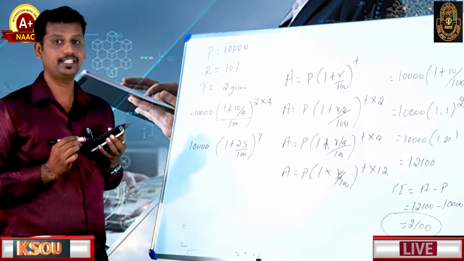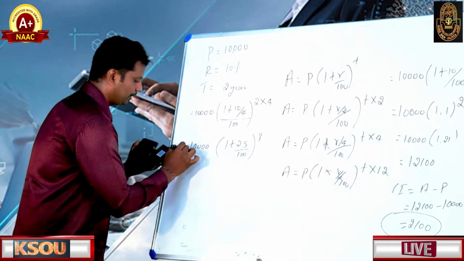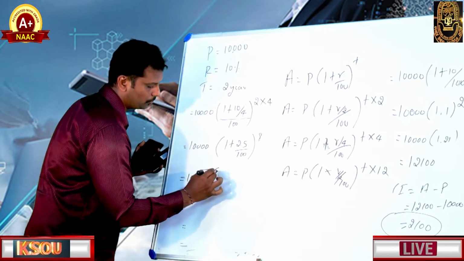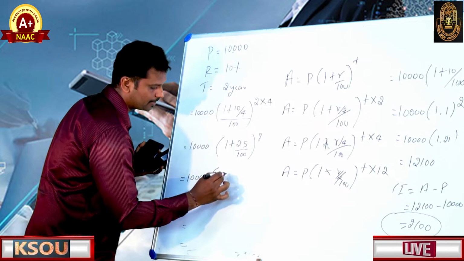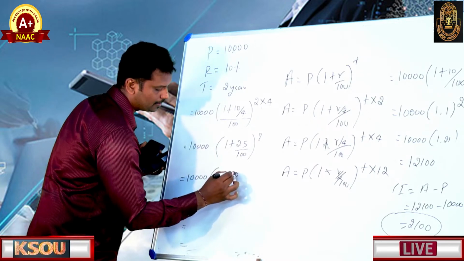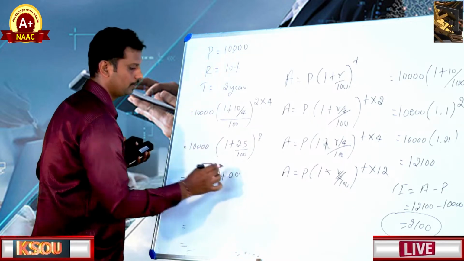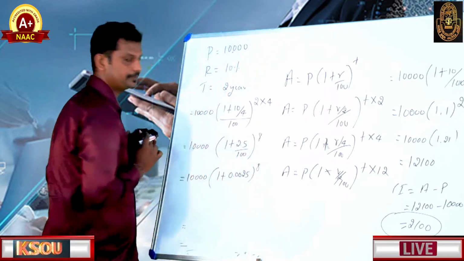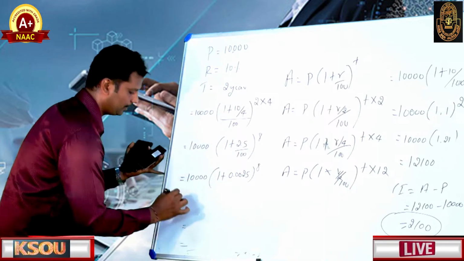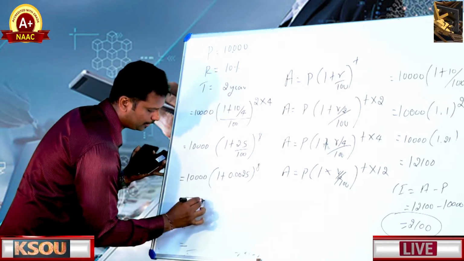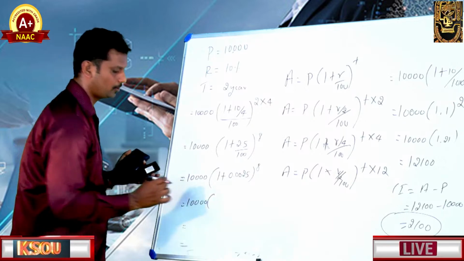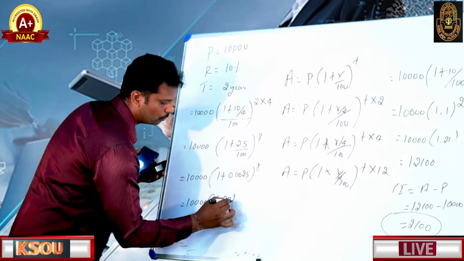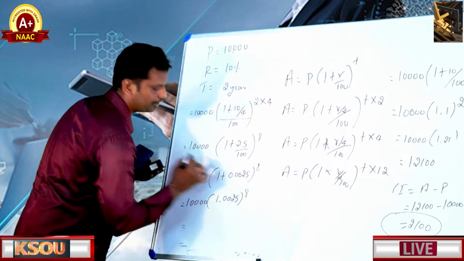So 10,000 into 1 plus 0.025, to the power of 8. Clear? Next, 10,000 into 1.025 to the power of 8.